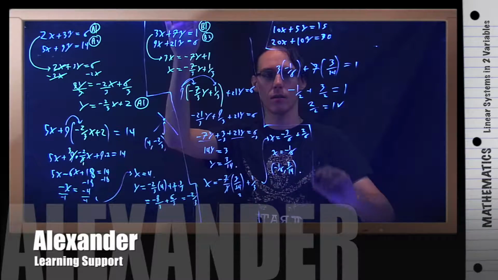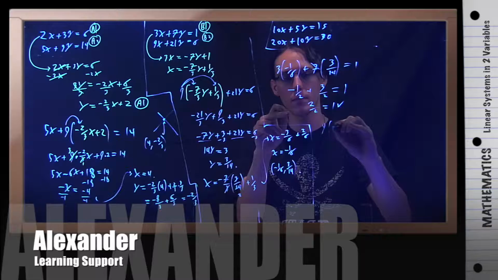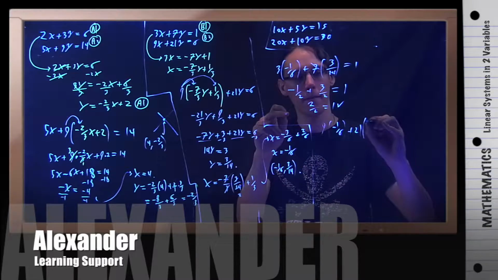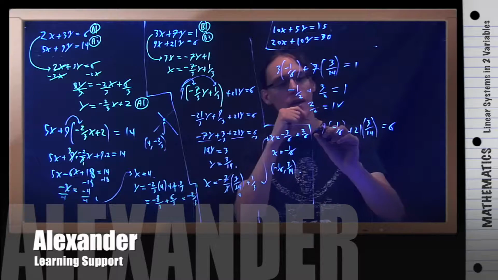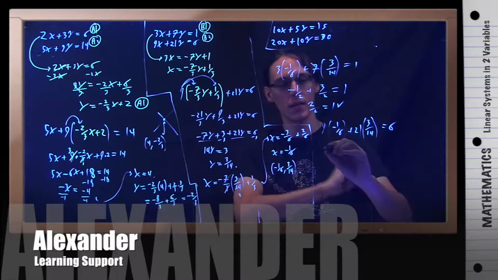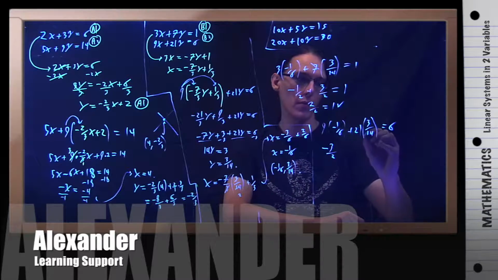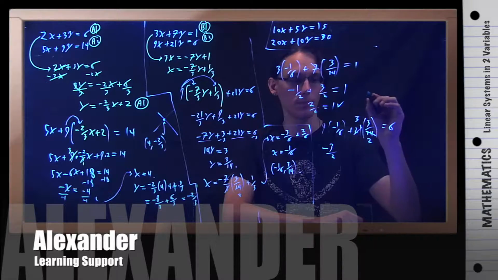Well, if I plug this into here, I get 9 times negative 1/6 plus 21 times 3/14, and this should equal 6. Well, let's see if this works. The 9 times negative 1/6 becomes negative 9/6, which is negative 3/2. The 21 and the 14 are both divisible by 7, which gives me 2 and 3.